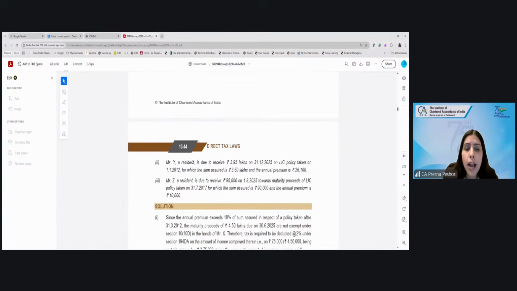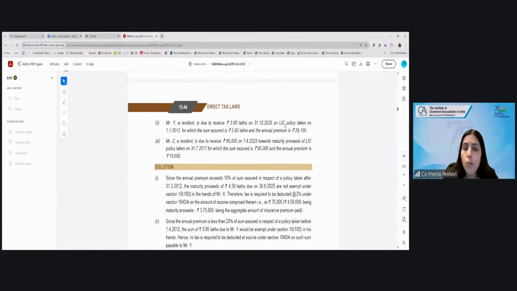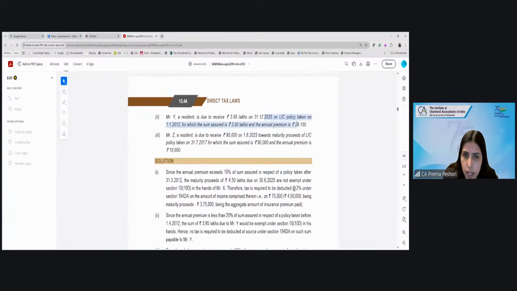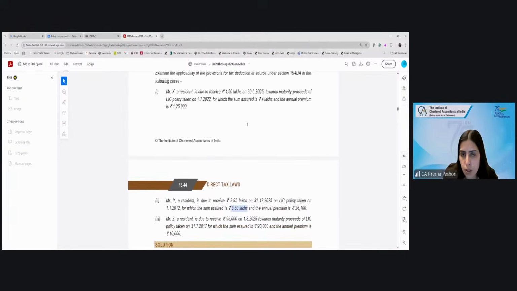Next one, Mr. Y, a resident, is due to receive 3.95 lakhs on 31st December 2025 on LIC policy taken in 2012, for which the sum assured is 3.5 lakh and the annual premium is 26,100. So, premium is 26,100, sum assured is 3.5 lakh, and this is before 1/4/2012.